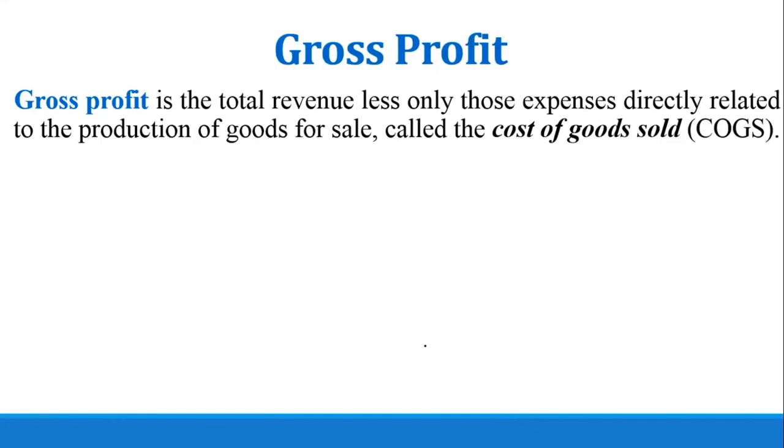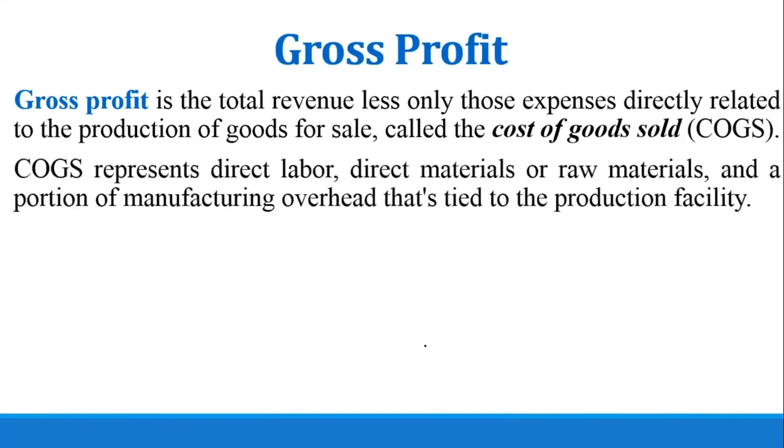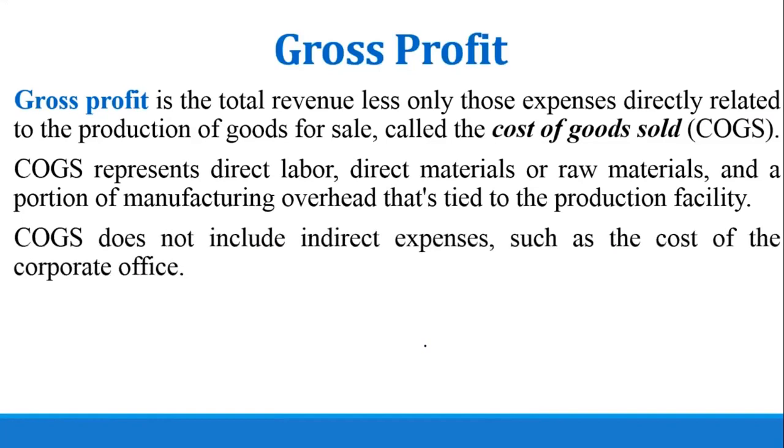Okay. Ayan. So COGS represents direct labor, okay, direct materials or raw materials, and a portion of manufacturing overhead that is tied to the production facility. Okay, so COGS does not include indirect expenses such as the cost of the corporate office.